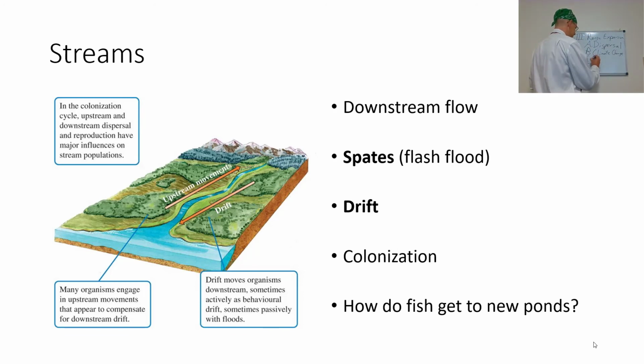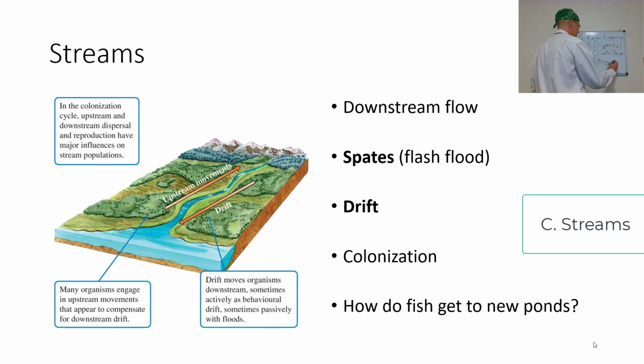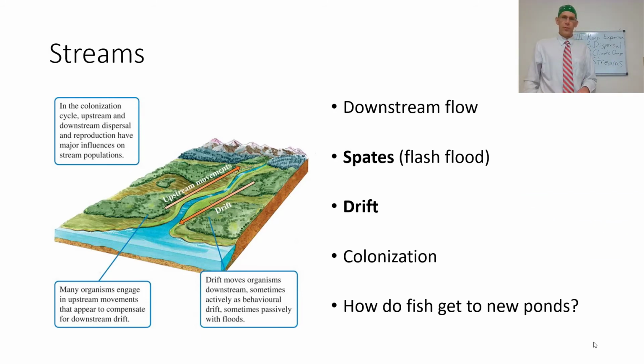Last, streams. Downstream is an obvious way of dispersal. Things move downstream. We're tracking this in the Hoh rainforest, in the Hoh River. There are people who introduced gravel to the Hoh River, and that gravel was full of Scotch broom seeds.